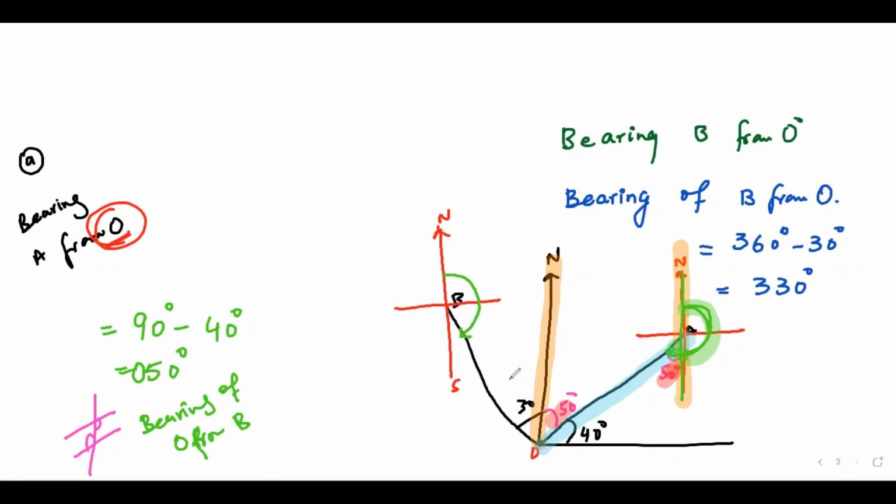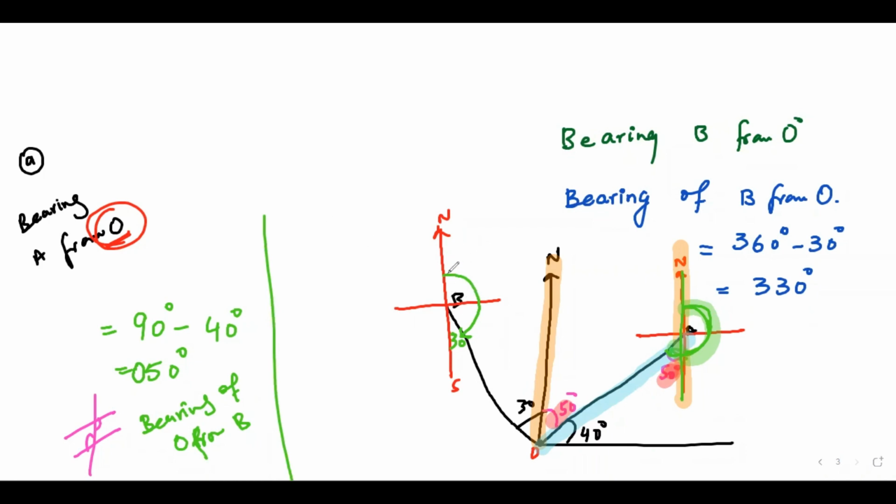I know that this is a parallel line and this is a parallel line. If this angle is 30 degrees, this must be 30 degrees, opposite on the transversal, because of alternate interior angles.